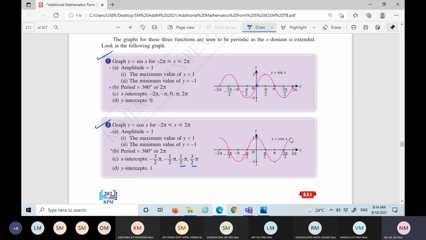It goes back to the original point where y is 1. So this is how you remember the shape of cos x. All the shapes, sine x and cos x, are very important to remember.